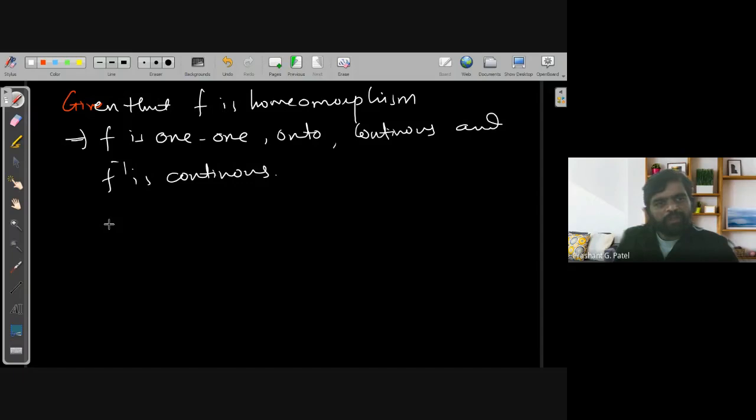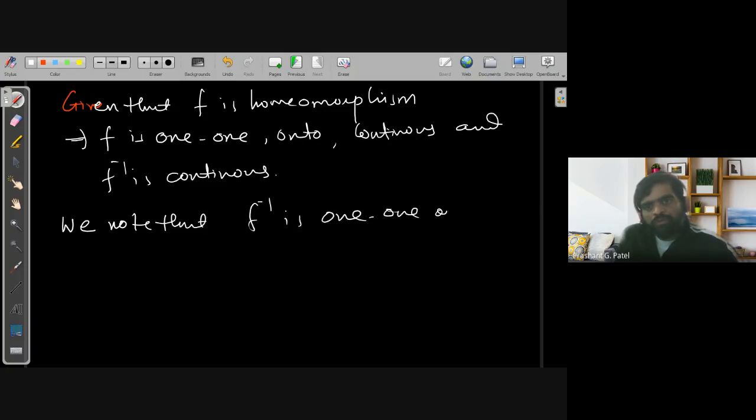That means I need to prove that f inverse is continuous, which is already there, and then the inverse of the inverse is also continuous. Since f is 1-1 and onto, f inverse is also 1-1 and onto. Also, f inverse is continuous.